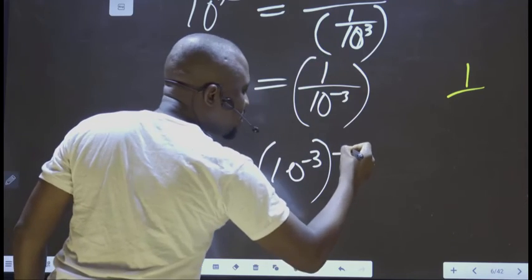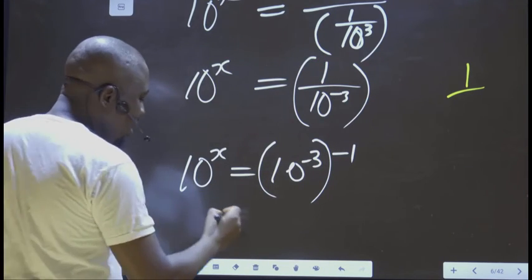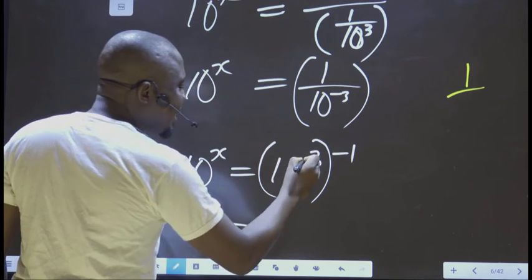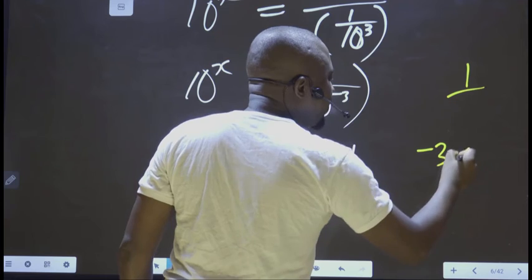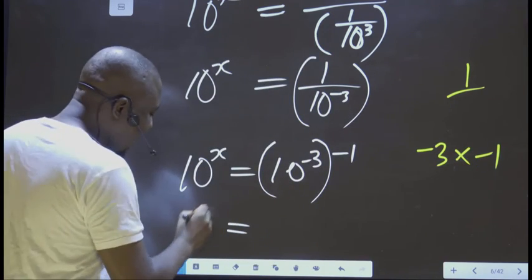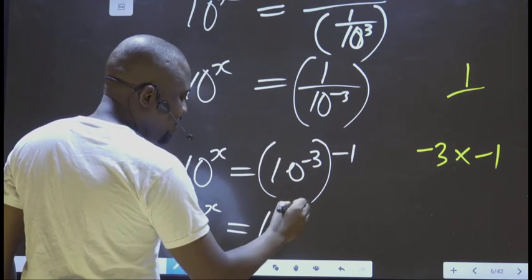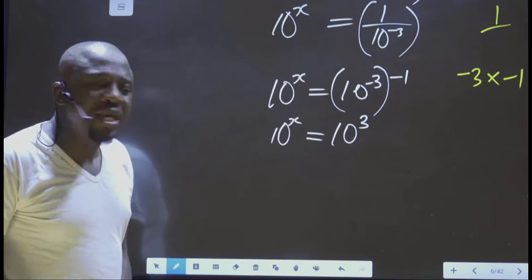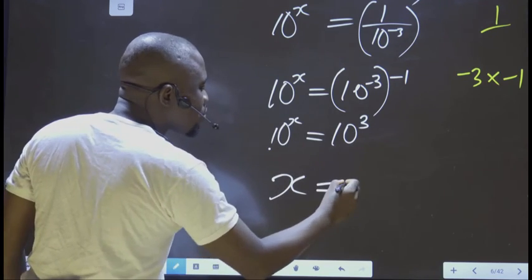Then this mean what? Minus 1. Okay? So I can simply work on this now by saying this multiplied by this, that is minus 3 multiplied by minus 1, which is plus 3. Therefore, 10 raised to power s is equals to 10 raised to power 3. You will agree with me that because the base are equal, s therefore is equals to 3.